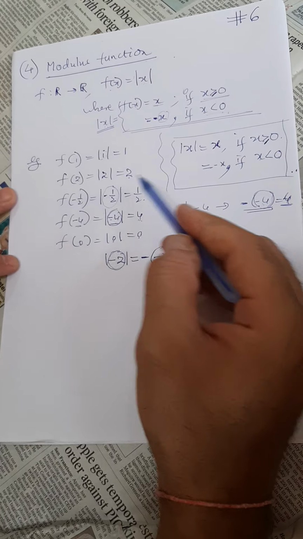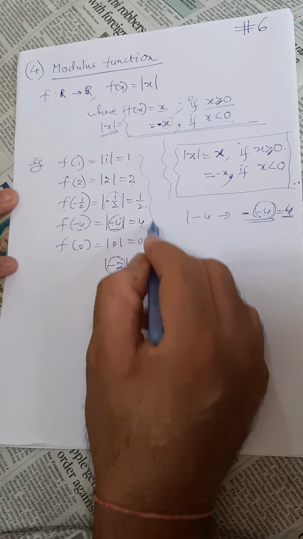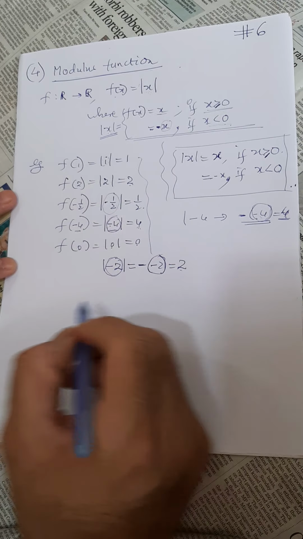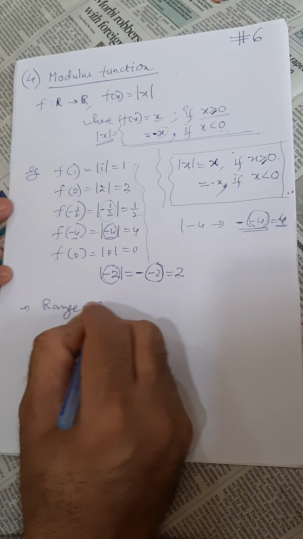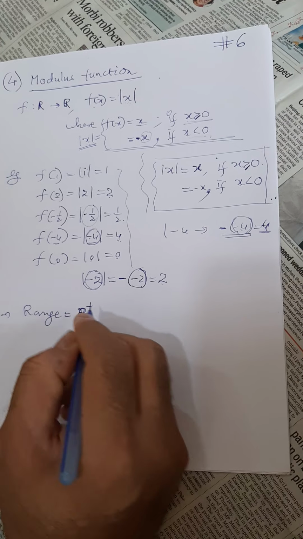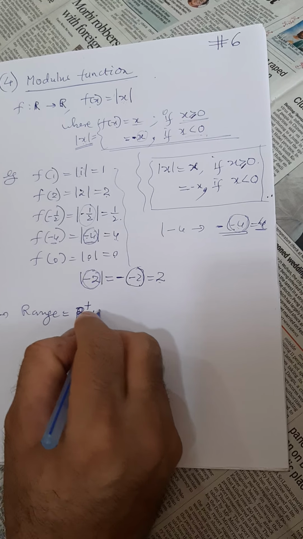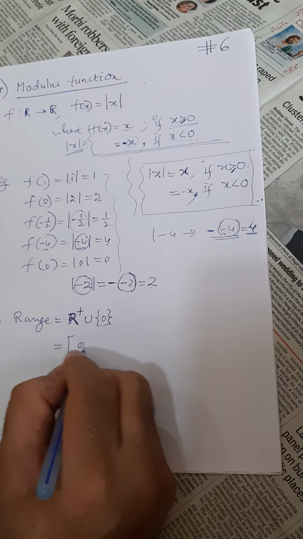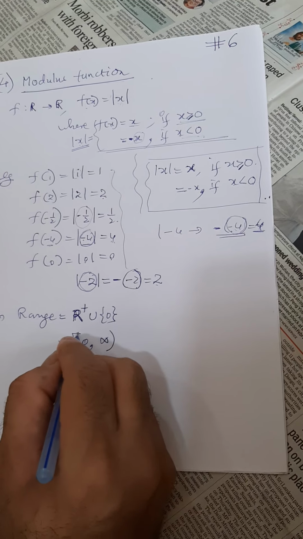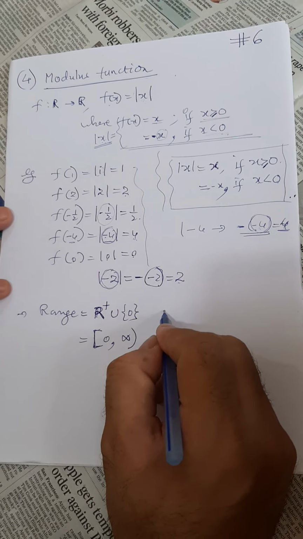Now you can put fractional values, but the answer will always be positive. So here the range will be all positive real numbers. You can sometimes write R plus, but 0 is also coming, so union 0. So you can write in terms of interval, closed 0 to infinity. Starting from 0, all numbers.